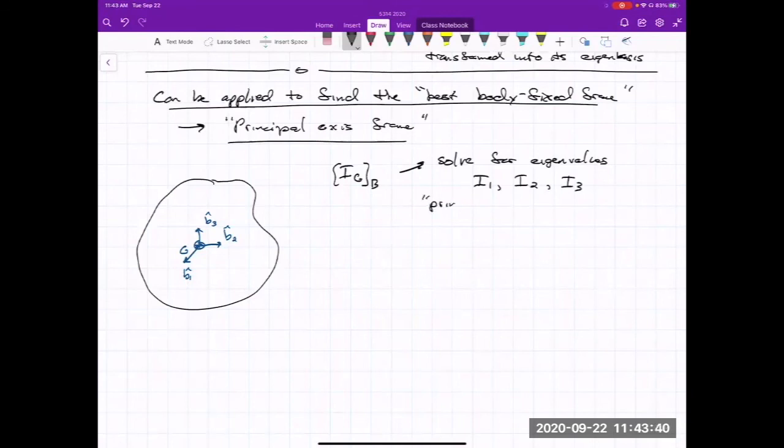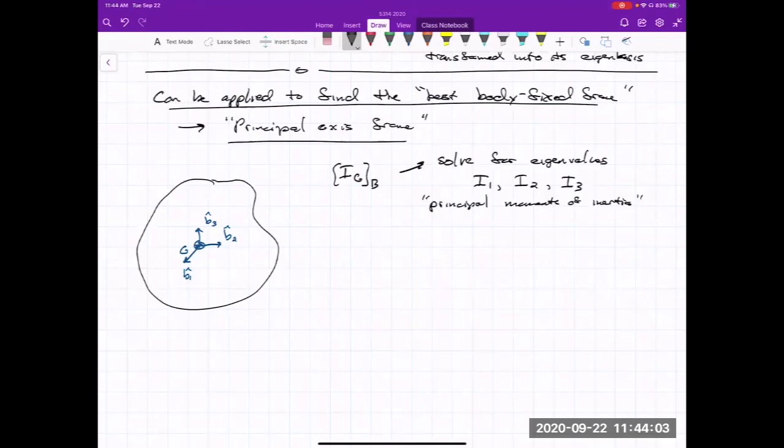These will be called the principal moments of inertia. Remember, I11, I22, I33 are the moments of inertia for some general frame. These are the principal moments of inertia. They are the moments of inertia in the principal axis frame.